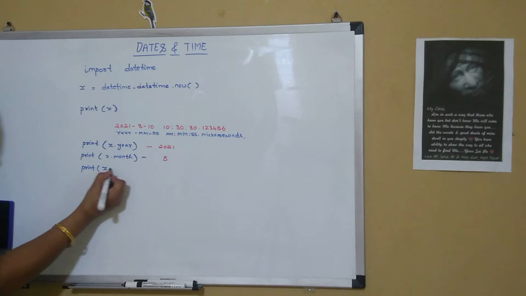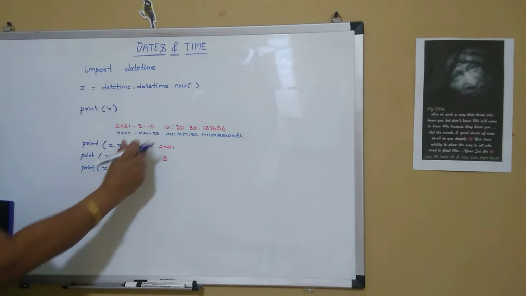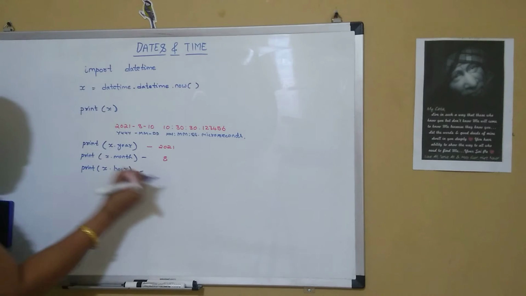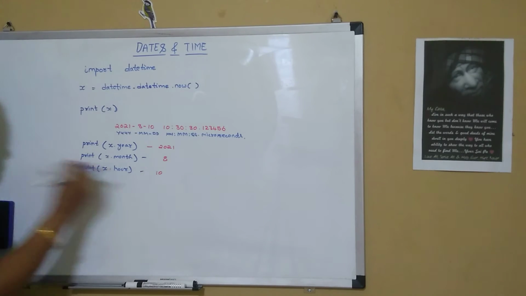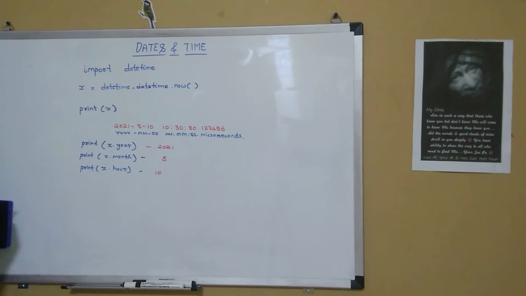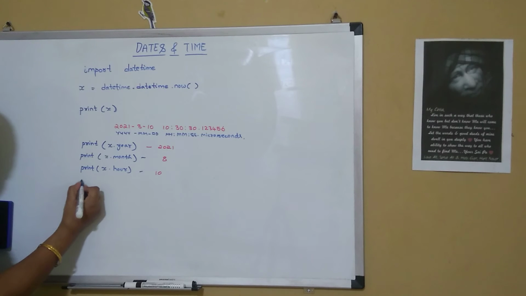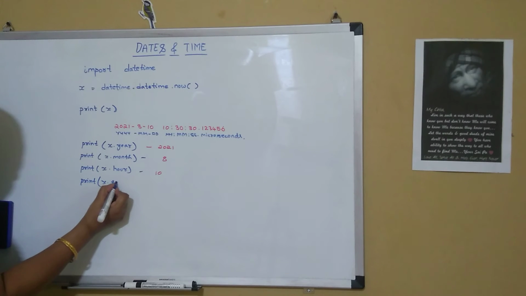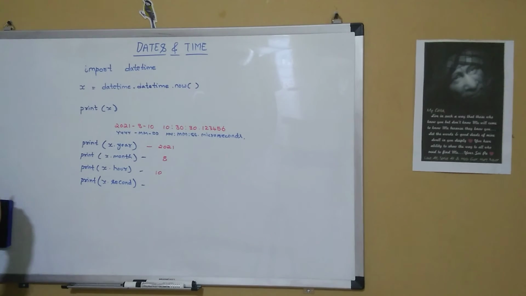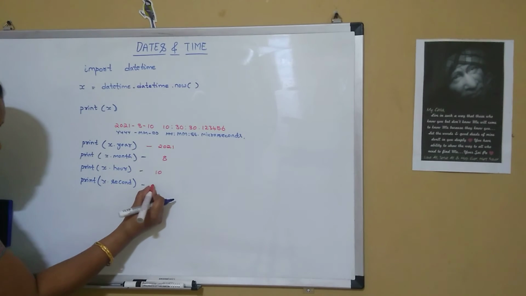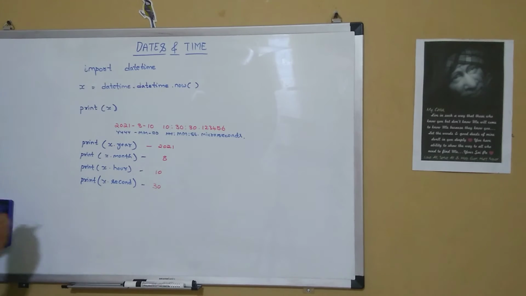If I want the hour, I say x.hour, and the hour is 10, so 10 gets printed on the console. And if I want the seconds, I say print x.second, and the seconds is 30, so 30 gets printed on the console.